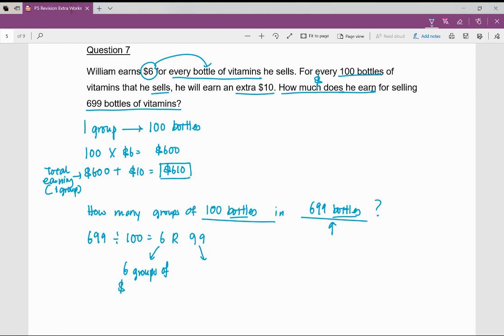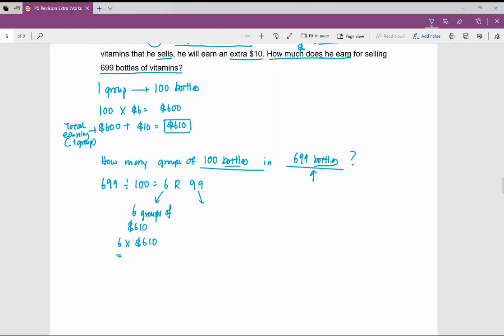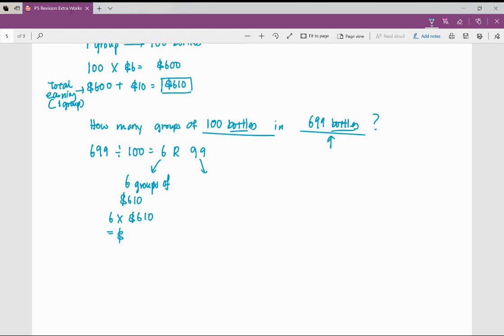So it's 6 groups of $610. Okay, and 6 groups of 610 means 6 times $610, and that will be $3,660.